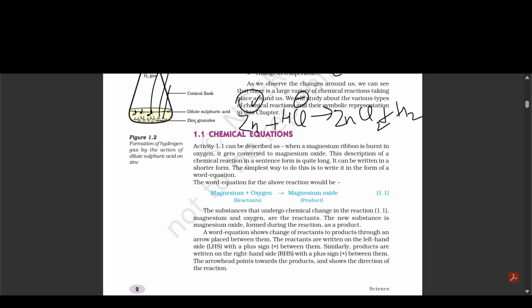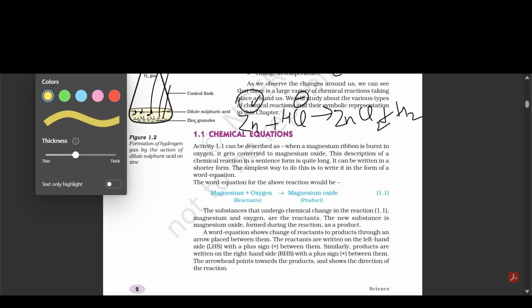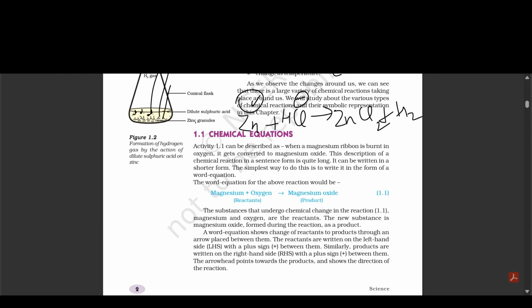Now the next is the chemical equation. So, of course, as already discussed, for the first case, the reaction was Mg plus O2 gives magnesium oxide. And we all are aware that the thing which is written on the left hand side is the reactant, the ones which are undergoing a chemical reaction.